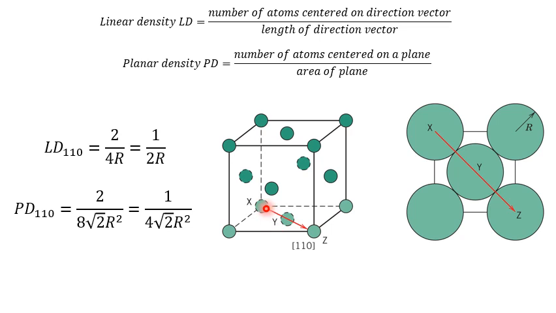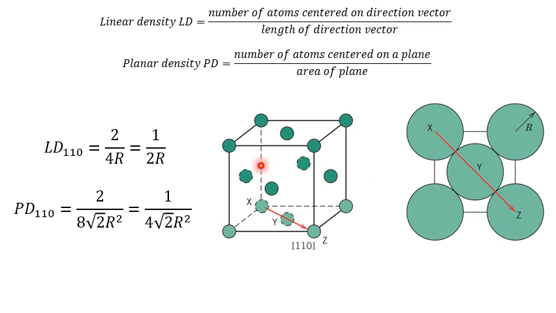If we need to determine the linear density of the 110 direction, this direction, we need to know how many atoms there are in this direction. It is obvious that we've got one atom in the middle, plus half an atom on this end and another half atom on this end.